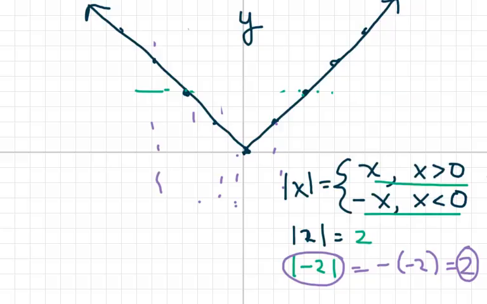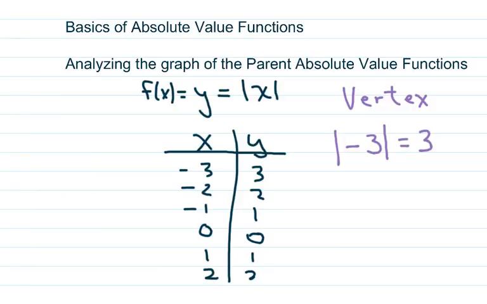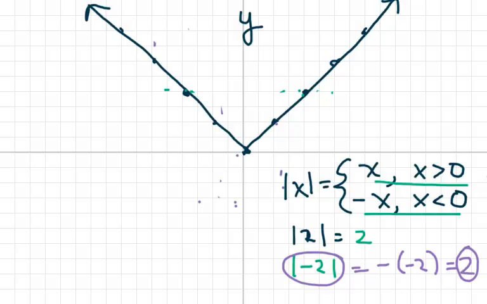What else? The domain, my x values. Well, I can put any values I want for x. Anything. Negative 2.2, negative 1 million, and I will get 1 million. So my domain is all real numbers.